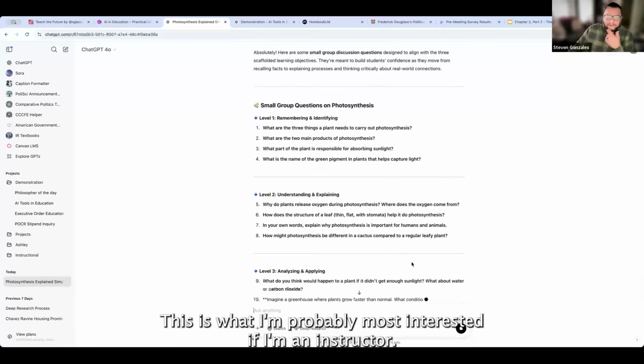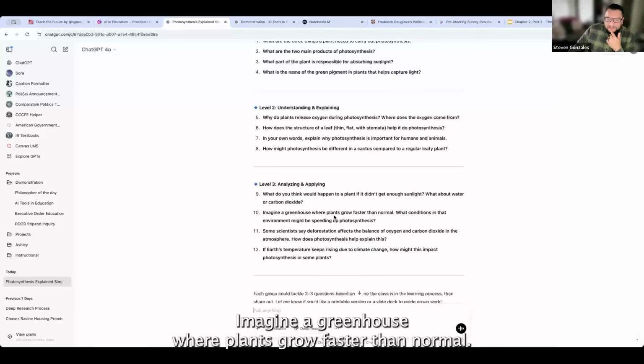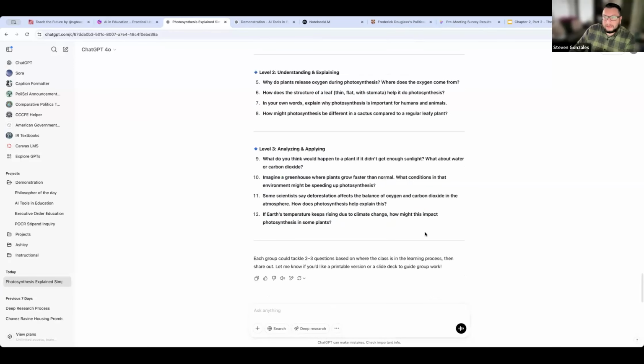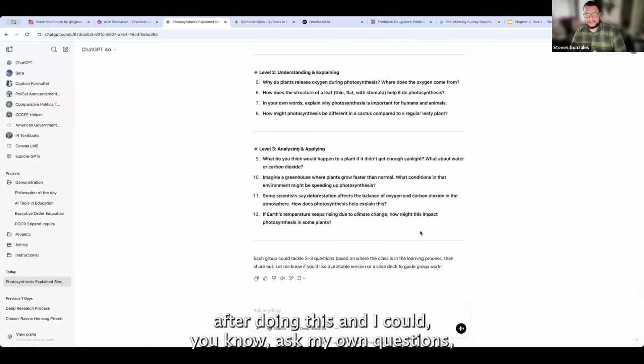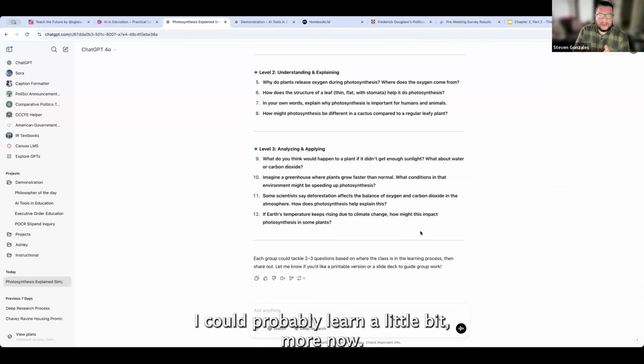This is what I'm probably most interested in if I'm an instructor, right? Imagine a greenhouse where plants grow faster than normal. What conditions in that environment might be speeding up photosynthesis? Again, it's how you use it. I am not an expert on photosynthesis, but now I can say after doing this, and I could ask my own questions, I could probably learn a little bit more.